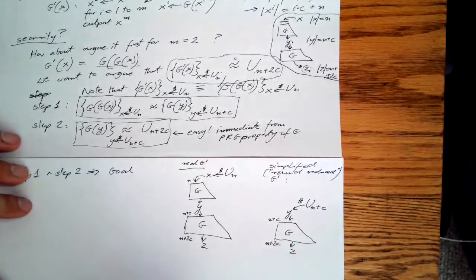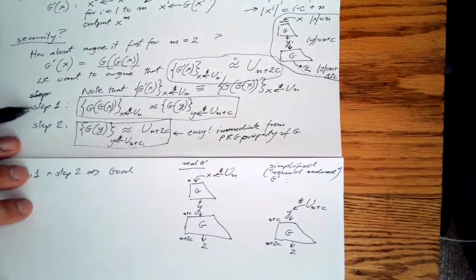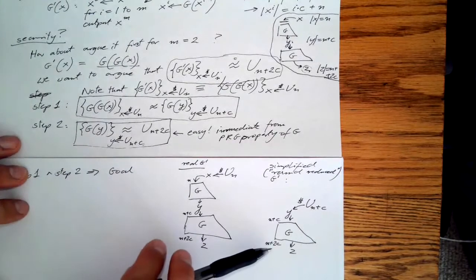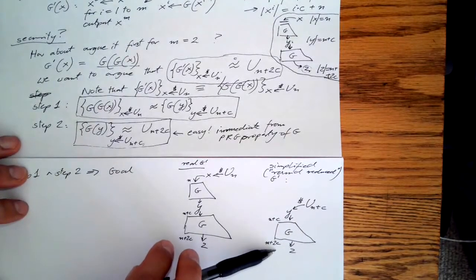And this claim says that the outputs from the real G prime are indistinguishable from the outputs of the round-reduced, simplified G prime.